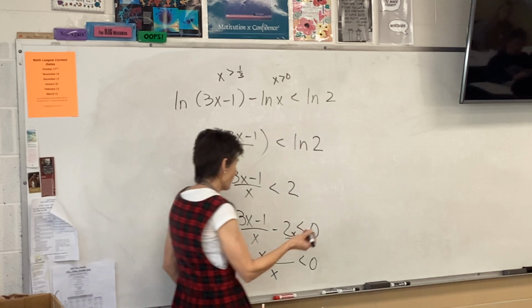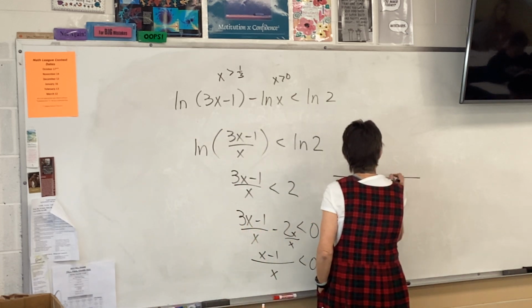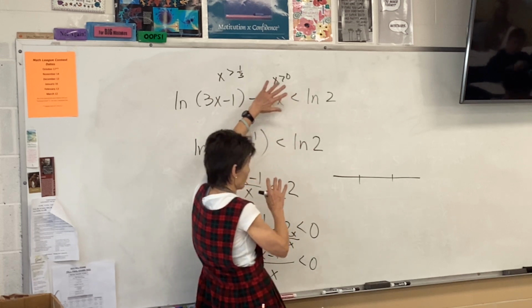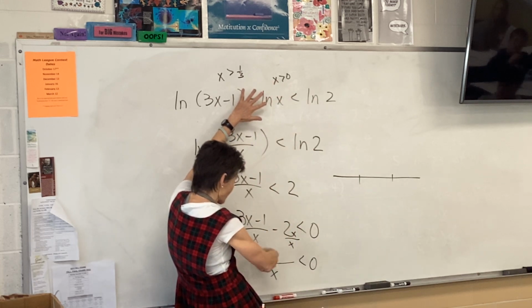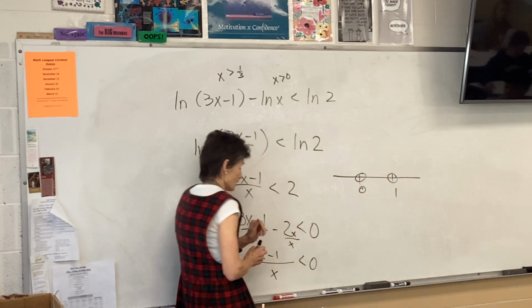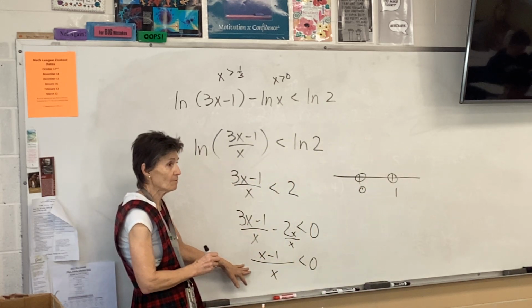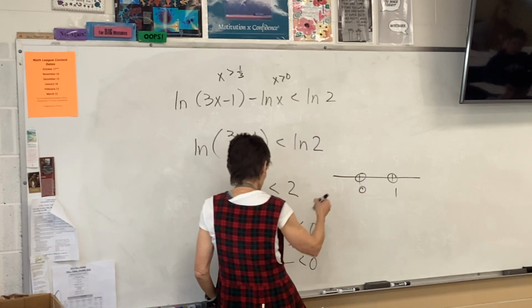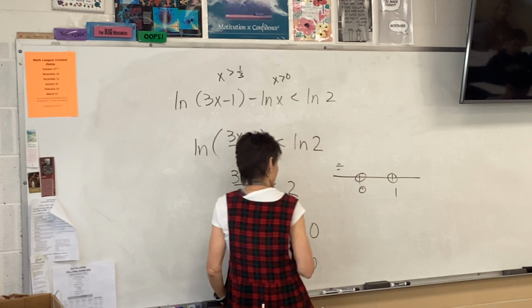So then I can draw my number line. Am I on, no, that's separate. I'm gonna do that in a minute. But this right here, 0 and 1. I want that to be negative. So I'm gonna start checking some numbers. Let's see, a -1 would give me a negative over a negative.